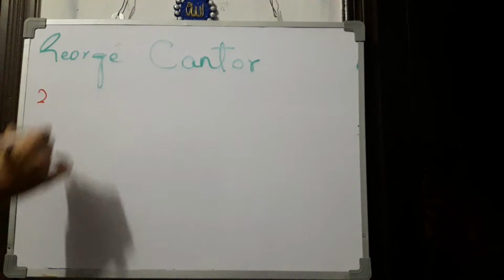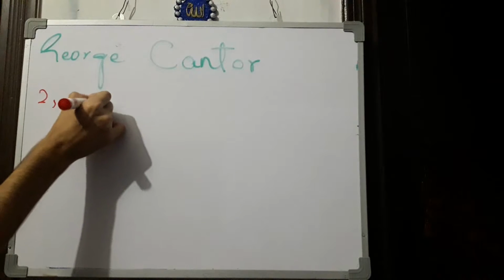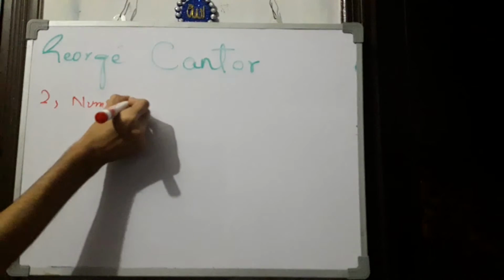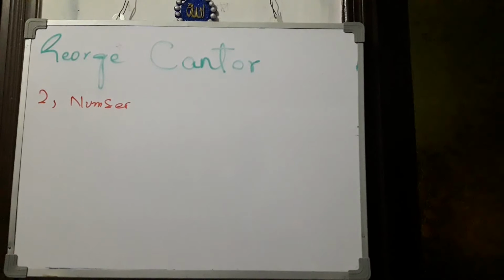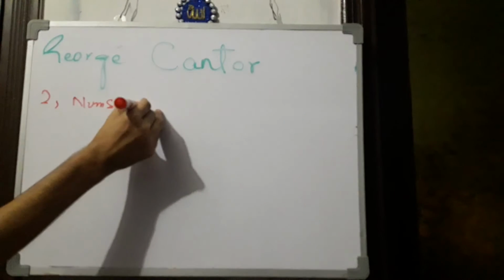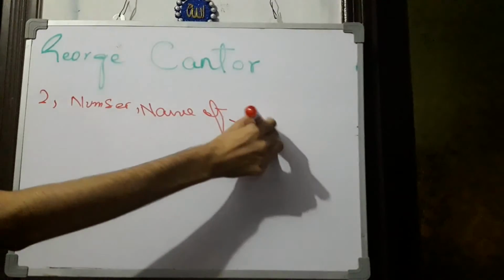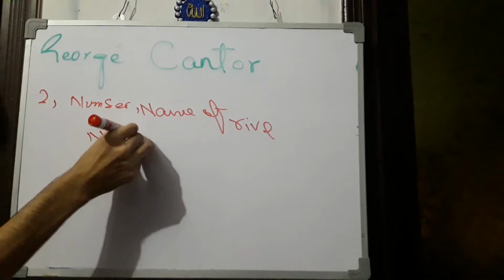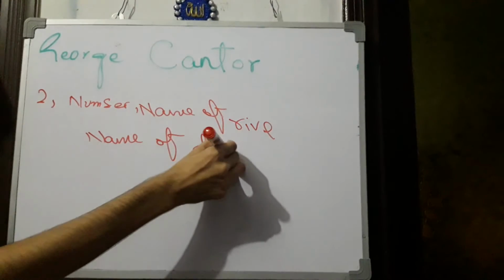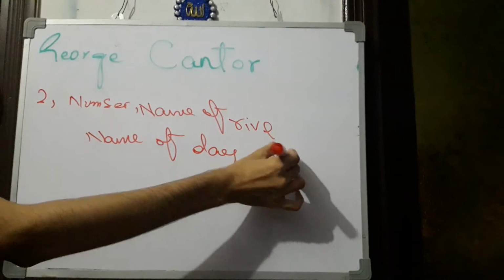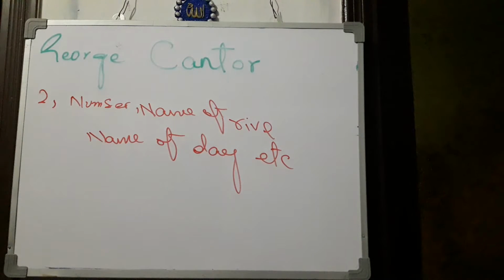They can be numbers, the name of a river, name of days, etc. We can place anything in the set which has some meaning.